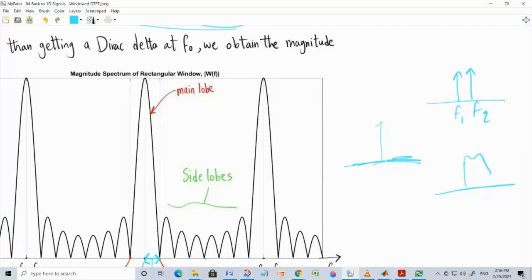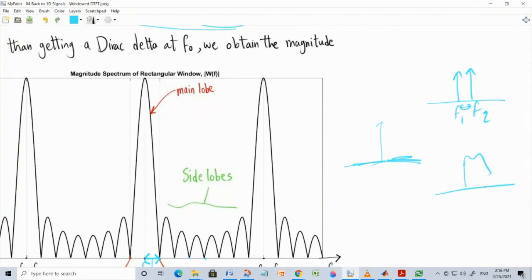So basically, if these two are close, the main lobes will merge. And remember that in reality, when you obtain a signal that looks like this, it comes contaminated with noise.